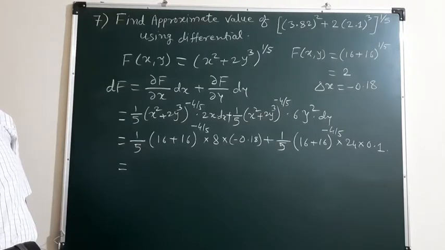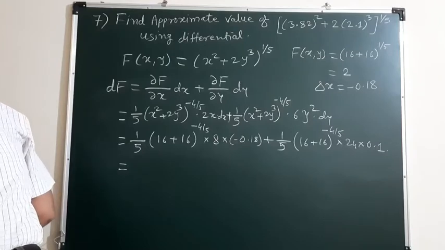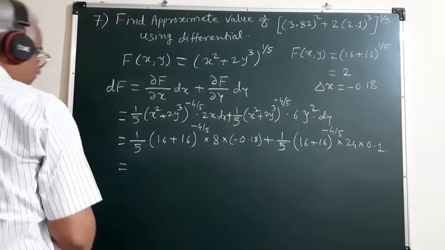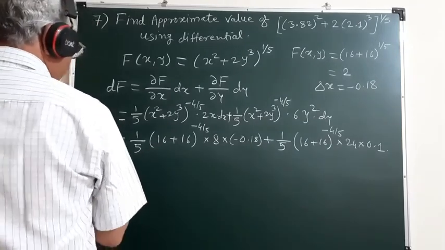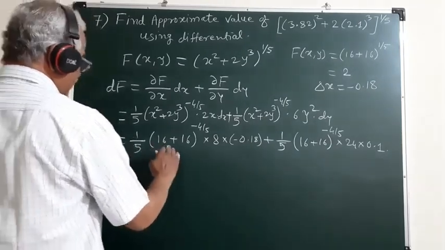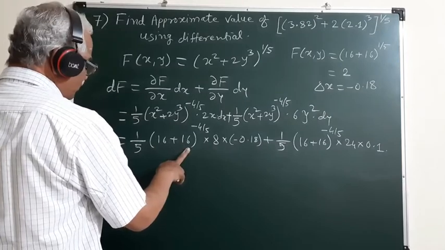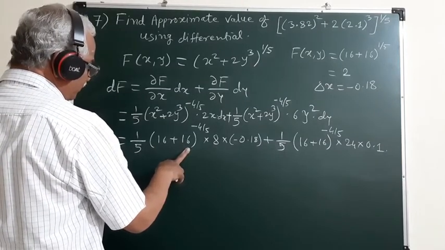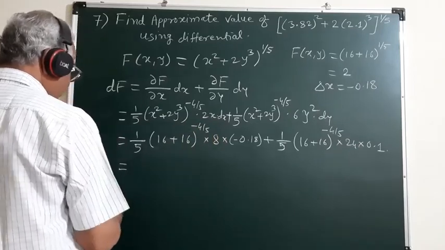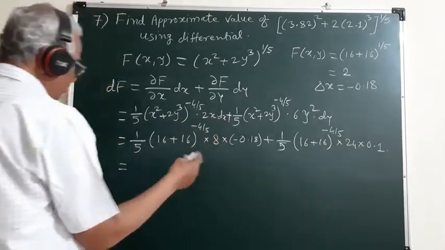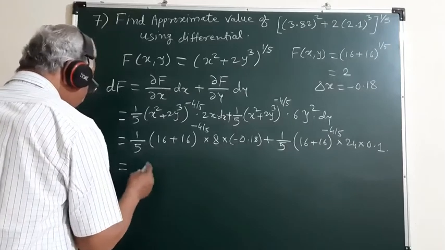So if we evaluate the value of this factor, 32 is 2 raised to 5, and 2 raised to 5 raised to minus 4 by 5 works out to be 2 raised to minus 4.